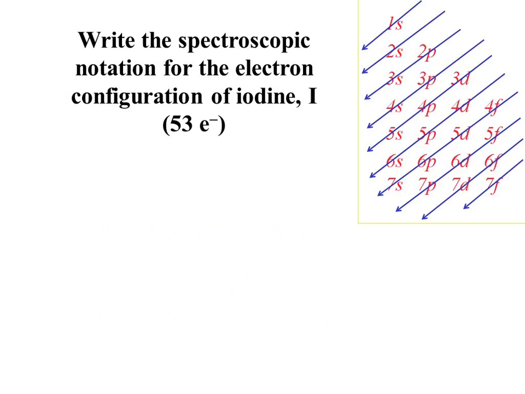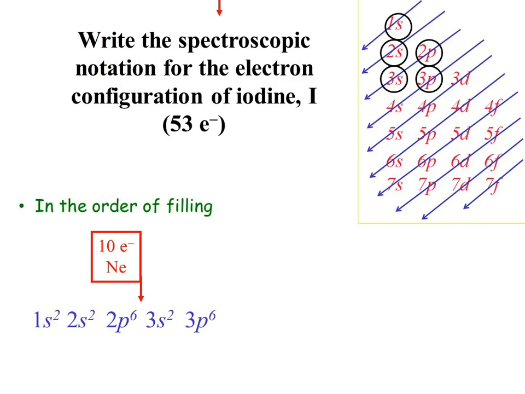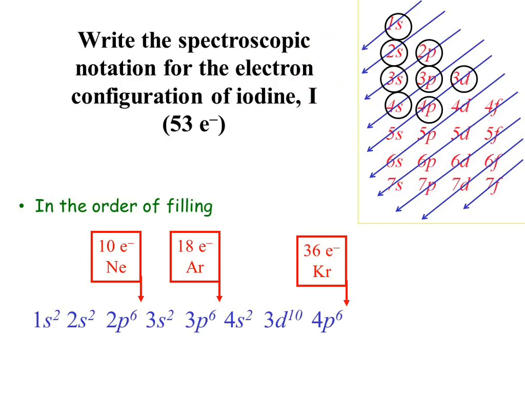All right, so from 40, now we go to 53. So let's accelerate the process, if that's okay with you. Clear up to basically krypton, I'll just write 1s2, 2s2, 2p6, 3s2, 3p6, 4s2, 3d10, 4p6.